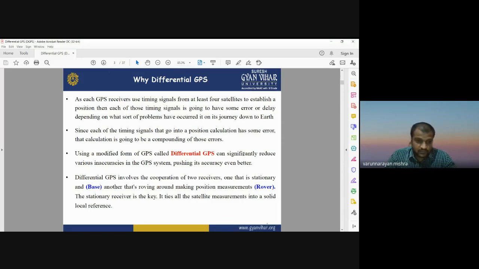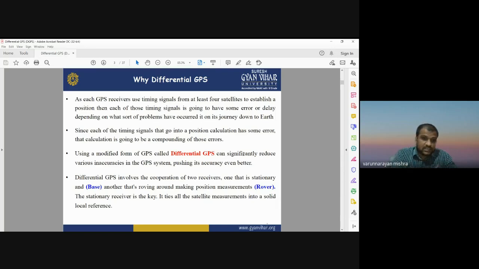Differential GPS involves the operation of two GPS receivers. One is stationary, known as the base, and the other is roving around the study area to make the positional measurements, known as the rover. So in DGPS, there are two terms: base and rover.